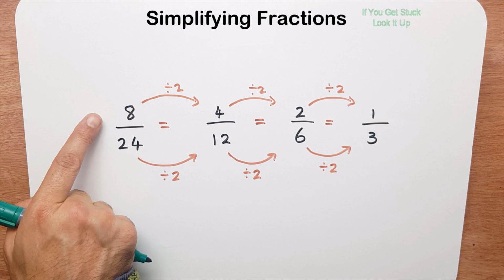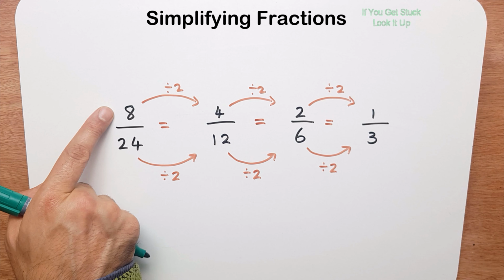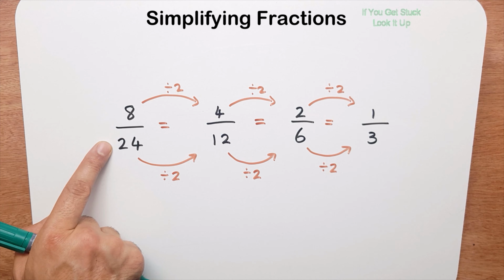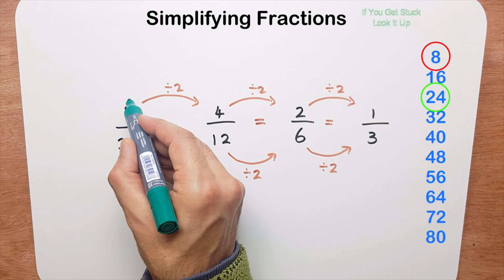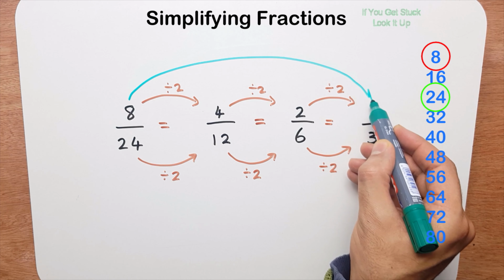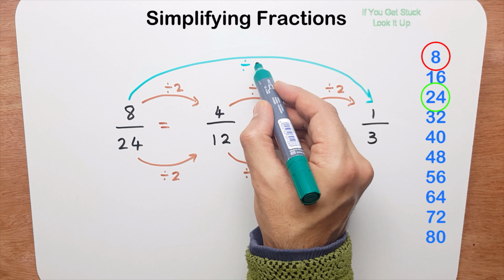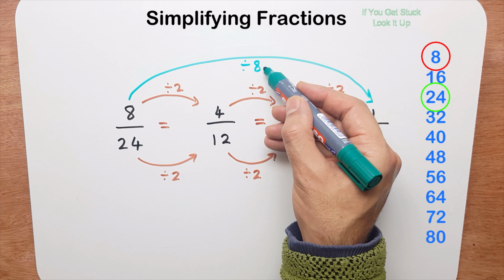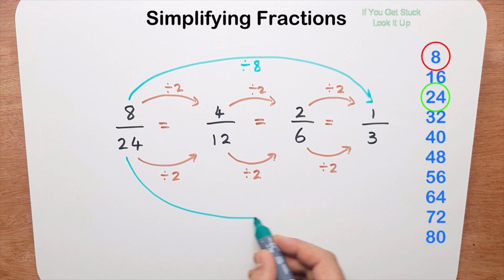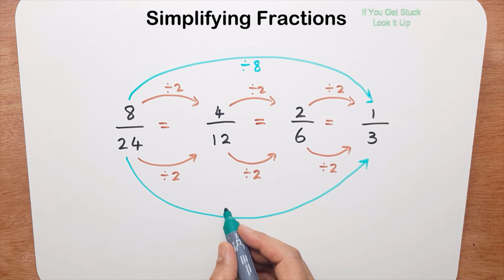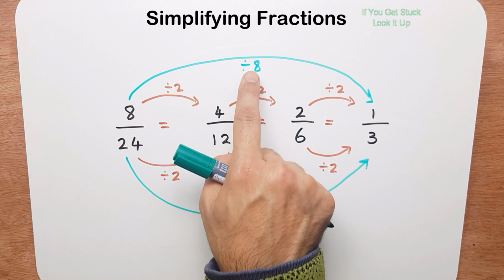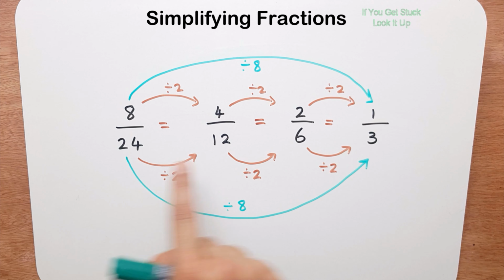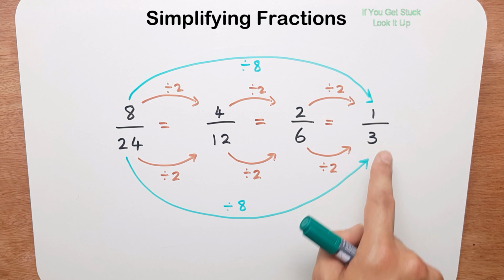Now the other way of doing this is to note that 8 and 24 are both in the 8 times table. So I can divide 8 by 8, and whatever I do to the top number I have to do to the bottom number. So I have to divide that by 8. So 8 divided by 8 is 1, and 24 divided by 8 is 3.